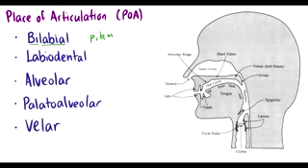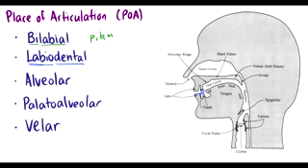Now, labiodental sounds, what you'll see here is we have this labio, which means lip. And then we have dental. Now, of course, dental, usually when you go to the dentist, you work on your teeth. So a labiodental sound is when your lip usually goes right behind your teeth and makes a sound.